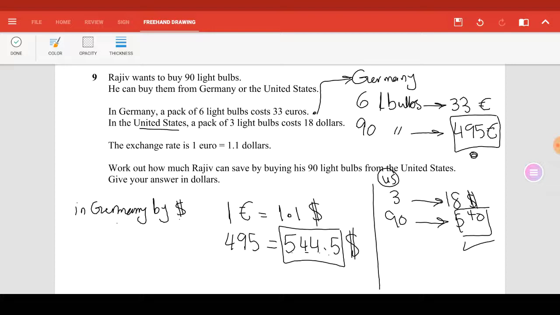To get how much he can save, take 544.5, the price in Germany, which is higher. Subtract 540, and the dollars will be $4.5 he can save when he buys from the United States.